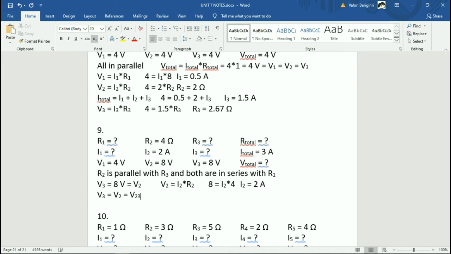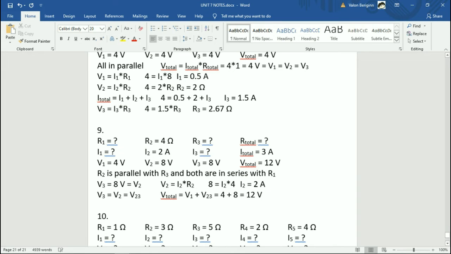So that equals V23. Now, that is then in series with V1. And in series, it's additive. So we have 4 plus 8 equals 12. So V total is 12.